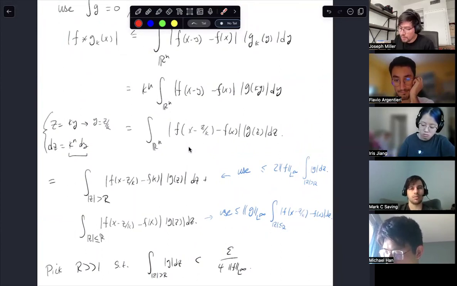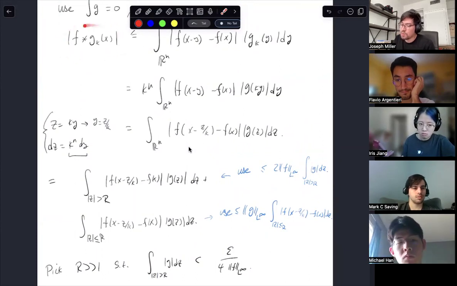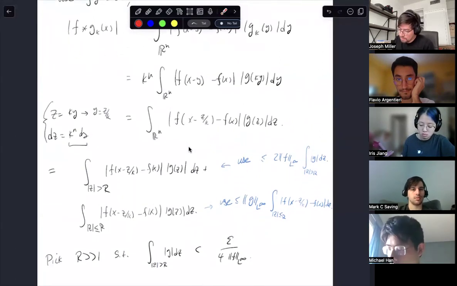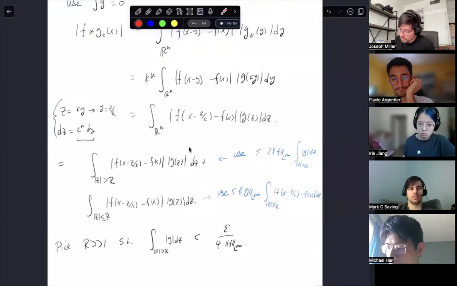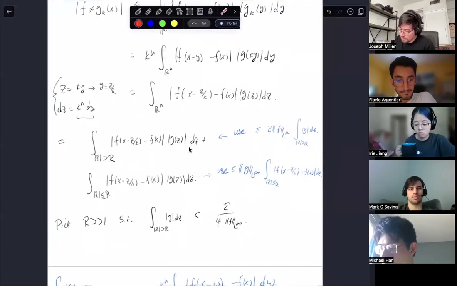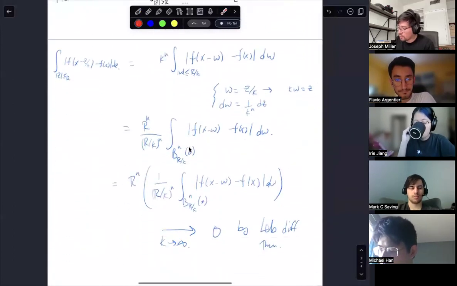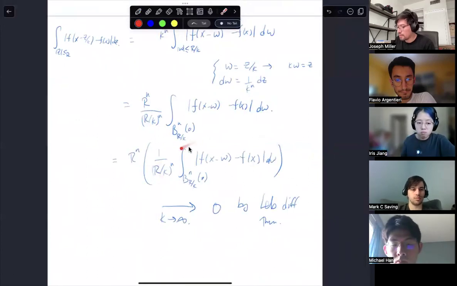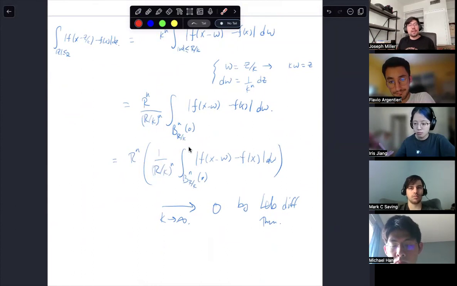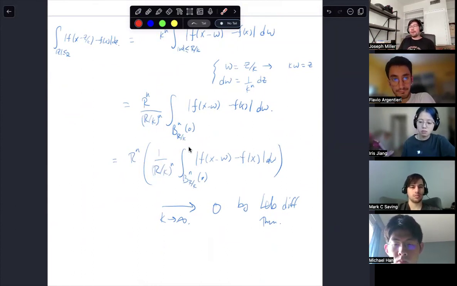Not uniformly. This converges to 0 almost everywhere. And it's not uniform because I don't know that this convergence is uniform. I'm at a different point x each time. These averages I can't control in any way. Okay, any questions about that?